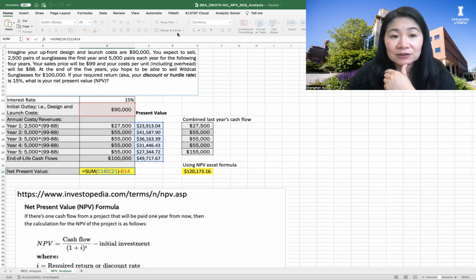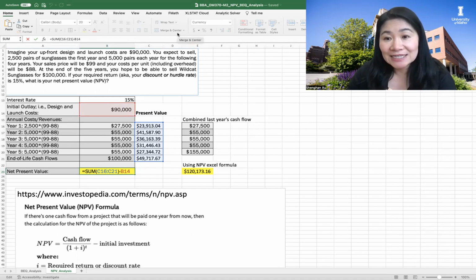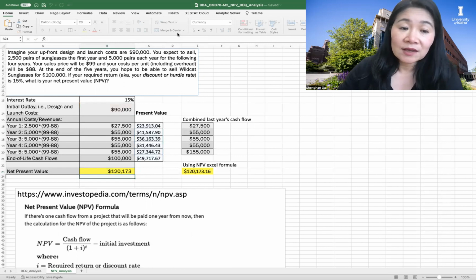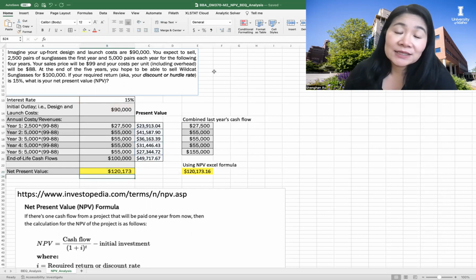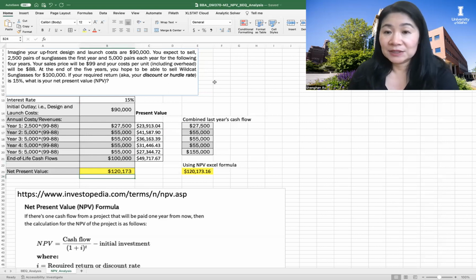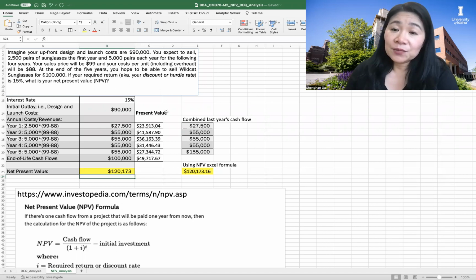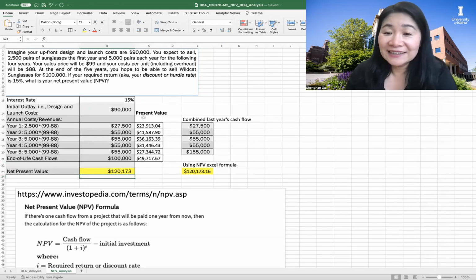So for a 90,000 initial investment, if you expect a 15% return, this investment is worth $120,173. Okay, so this is the basic calculation, and this process is tedious.